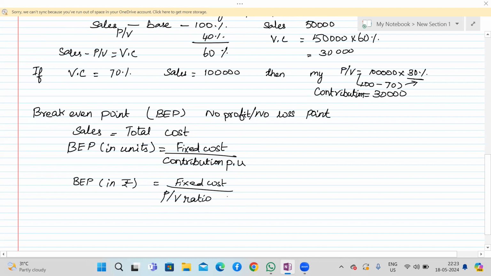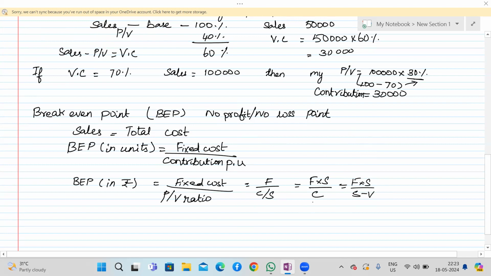Now I'm expanding this PV ratio. What is PV ratio? Contribution by sales, right? So if I'm getting PV in decimal, F into S by C, I can use this formula as well. Or F into S by, what is meant by C? S minus V. So either way, I can use the same formula.